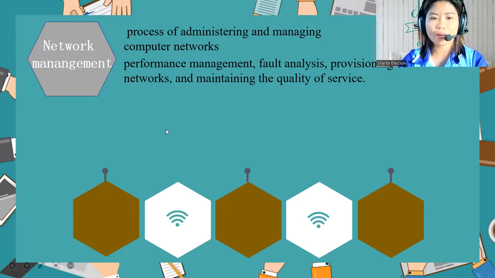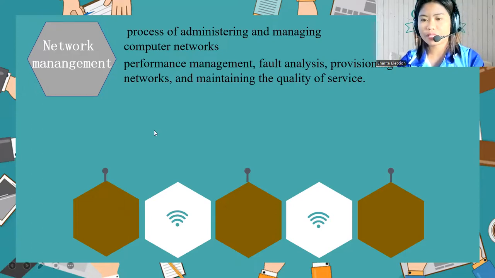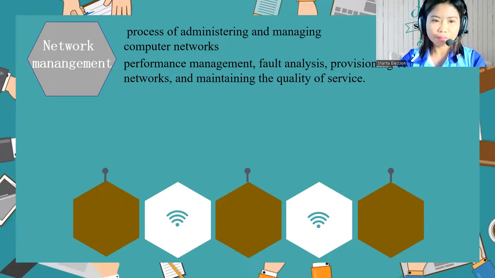So that's why, as I have said, computer networks are like your Wi-Fi. In our area, we have PLDT, we have low broadband. So they are the distributed system that is connected to your computer system, and this is with the network management.